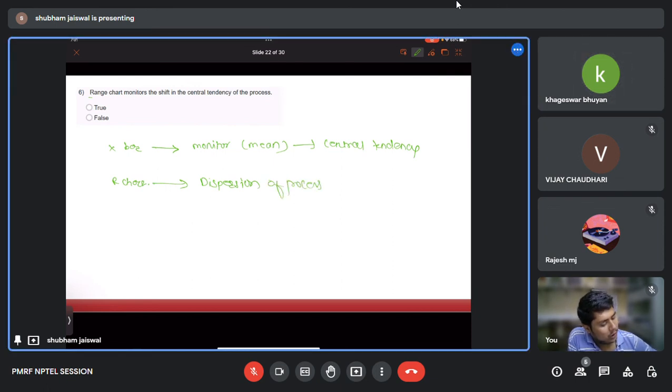So the statement that the range chart monitors shift in the central tendency is totally wrong, because the shift in central tendency is monitored by our X bar chart. So this will be false. This was our last question for this session.